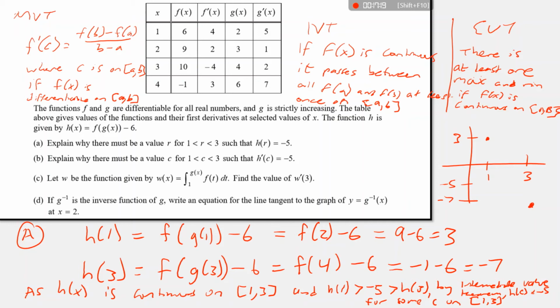Okay, any questions on what we did? No. Okay, and it is possible to have more than one C. I could bounce around negative 5 as many times as you want. But we have to have at least one in order to get from point A to point B. Okay.